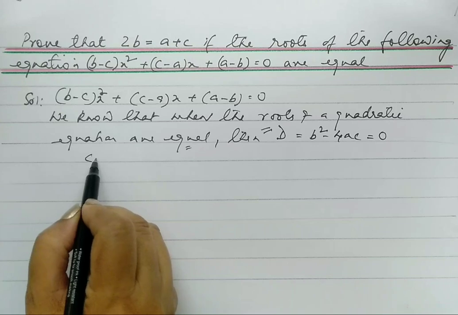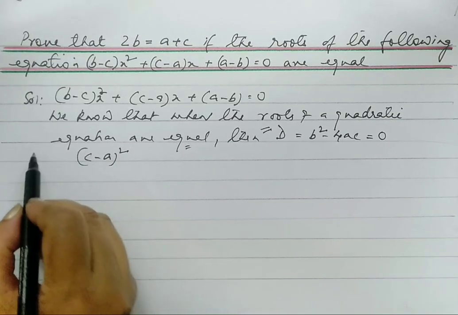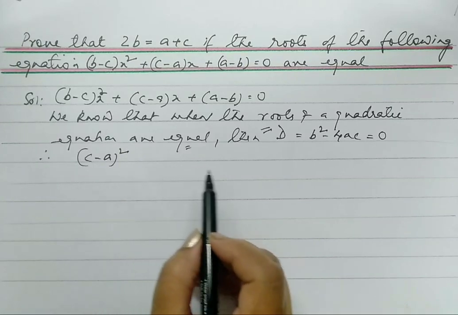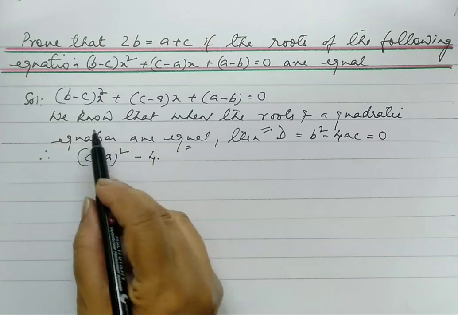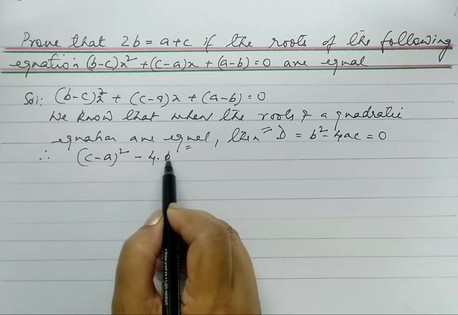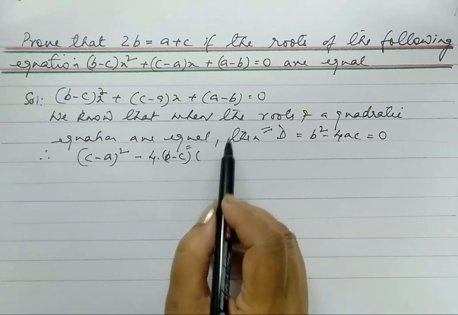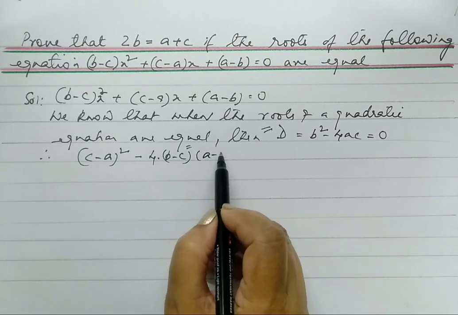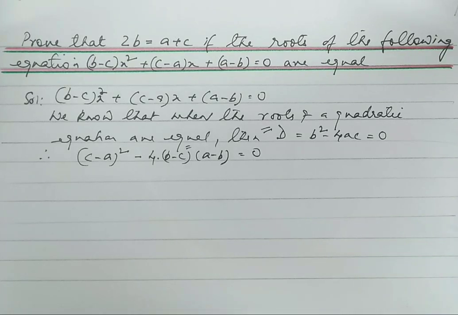Am I right? So let's go ahead and crack this. We can do it. (c minus a) whole square, therefore b square minus 4 dot, what is my a? It is b minus c, and my c is a minus b, all right, equals to 0, isn't it?